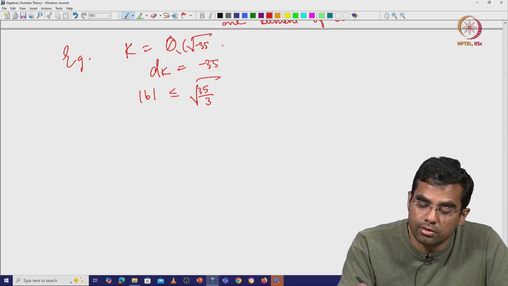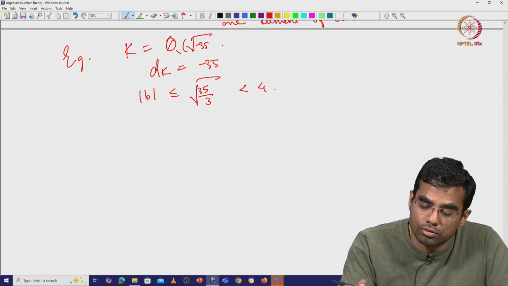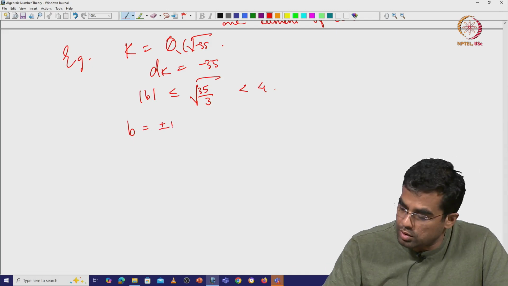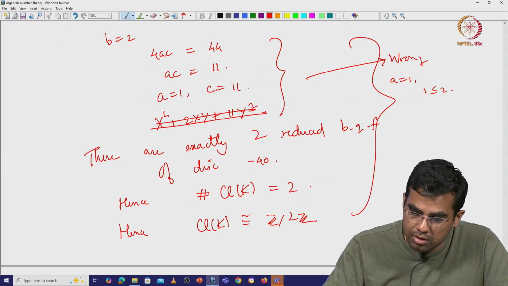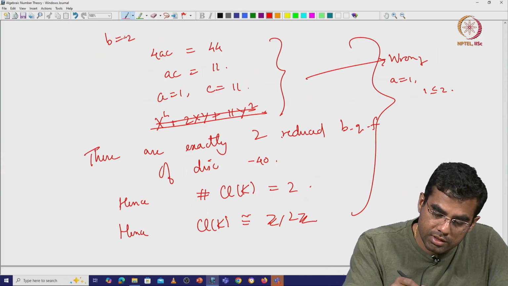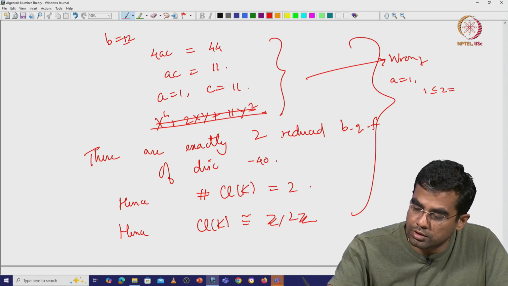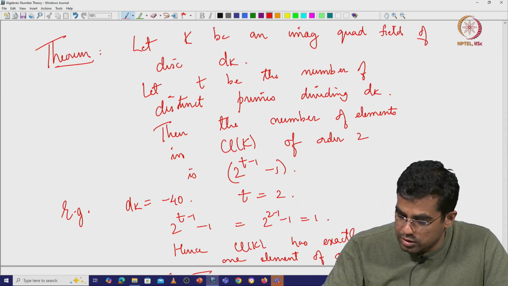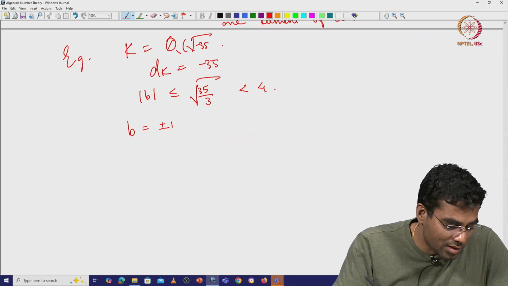It's certainly less than 12, and so square root of 12 is again less than 4. So you try with b equal to plus minus 1, and another error I made here is that b should be plus minus 2, but it does not matter. I should have been a little more careful about that, so I'll be more careful in computing this example now.